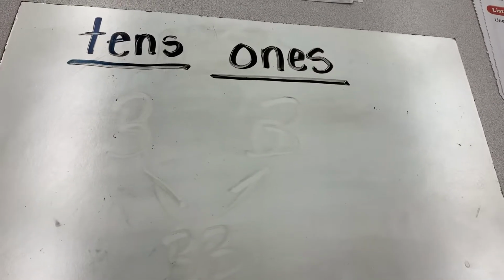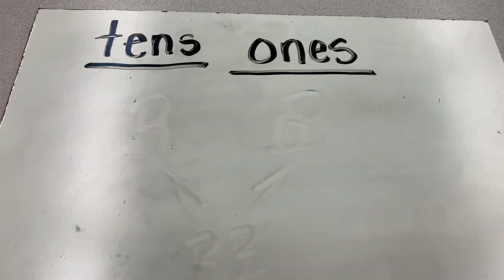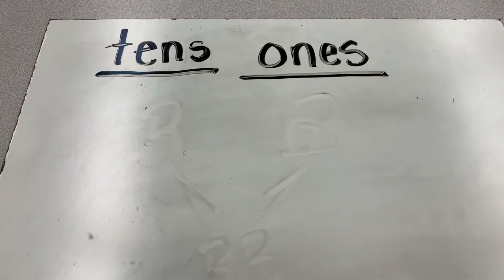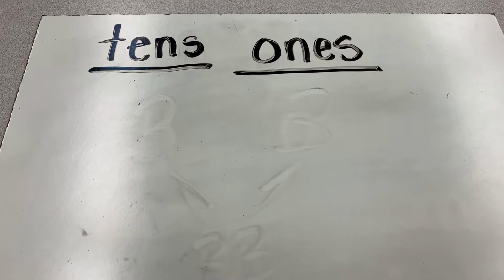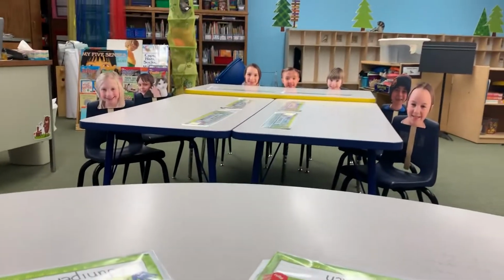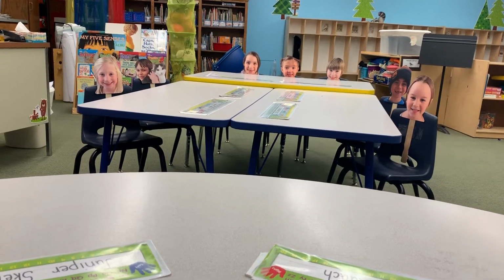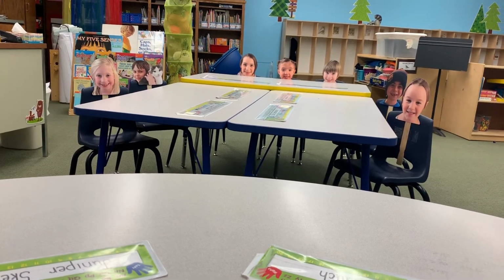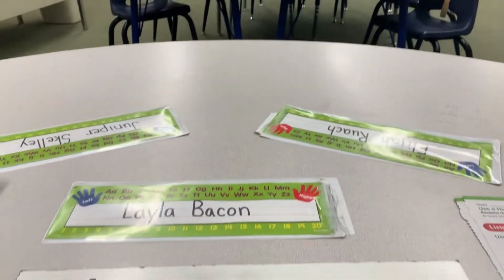Let's try another one. Write a 2-digit number with 6 tens. All right, let's see what you have and I have.